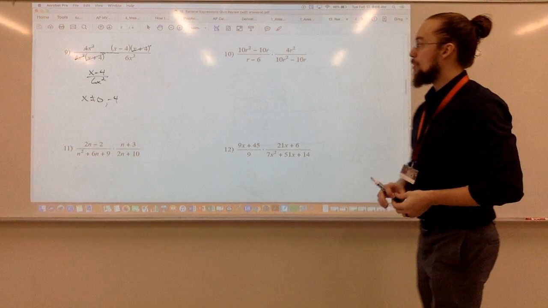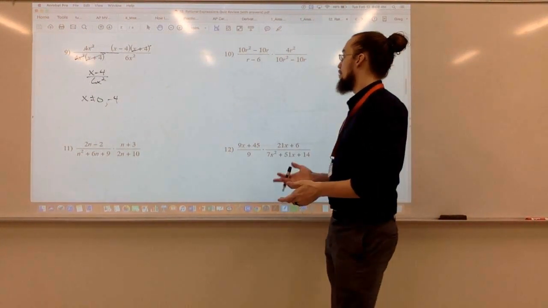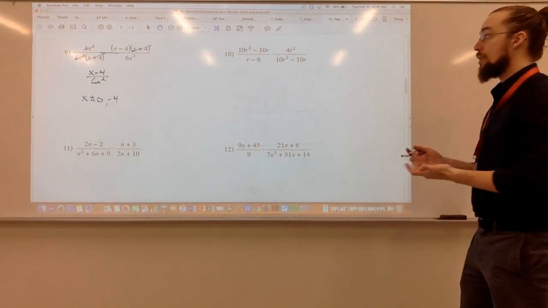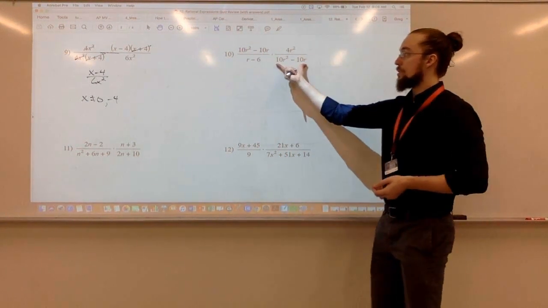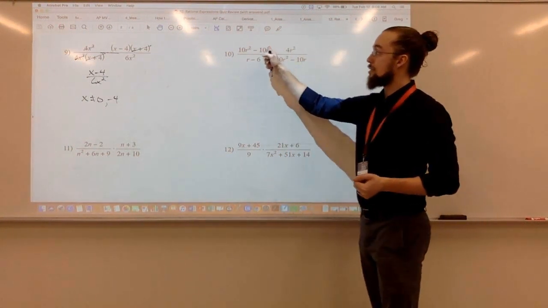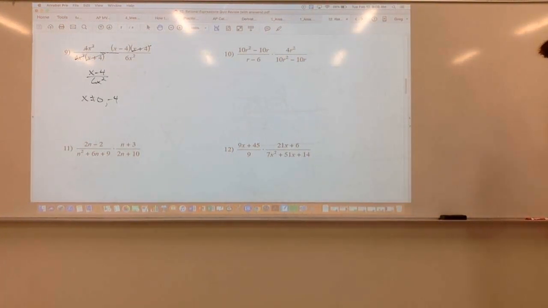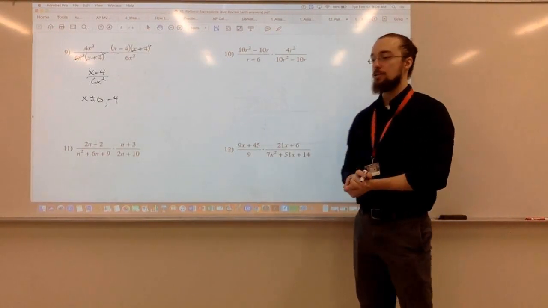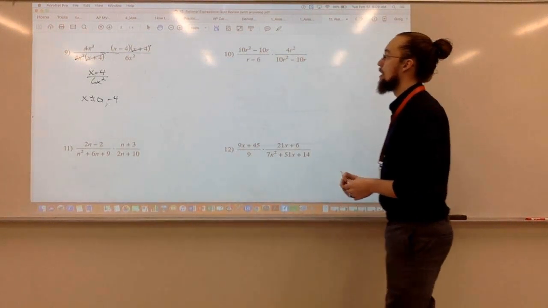So let's come over here to the next one. This one, there is a little bit of factoring to be done to get our restrictions. We could actually say, well, here I've got a 10r squared minus 10r, and here I've got a 10r squared minus 10r. I could just cancel out those two things because they're exactly the same. But to get my restrictions, I will eventually have to factor, so we might as well go ahead and do that right now. So I've got 10r squared minus 10r.